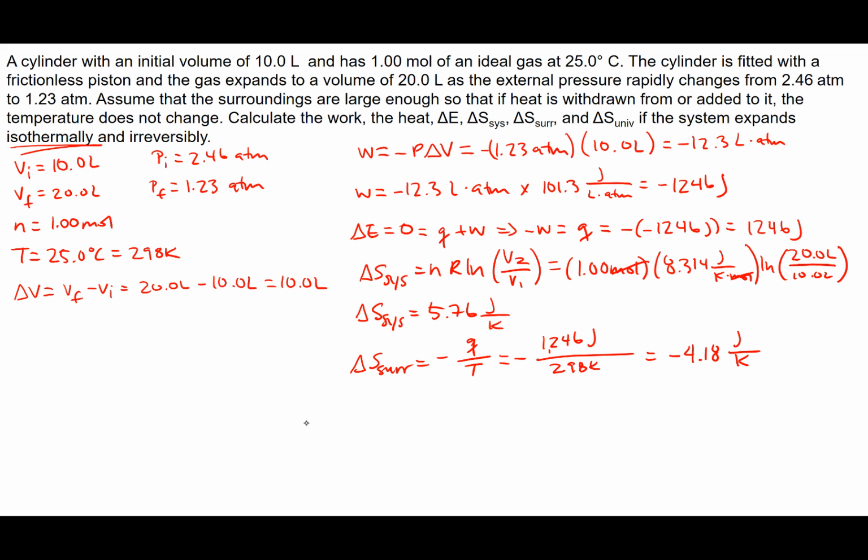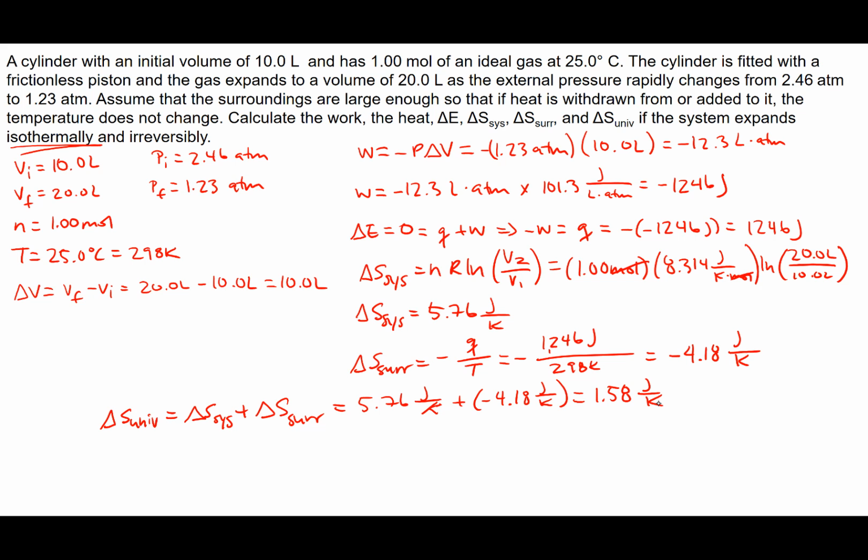So now delta S of the universe is equal to delta S of the system plus delta S of the surroundings. If we plug in the values we calculated, 5.76 joules per Kelvin plus negative 4.18 joules per Kelvin, what we get is that the delta S of the universe is 1.58 joules per Kelvin.